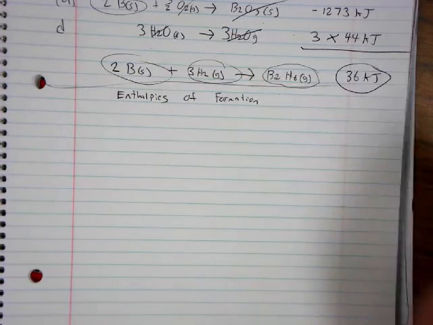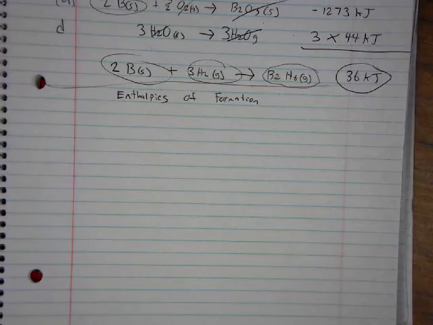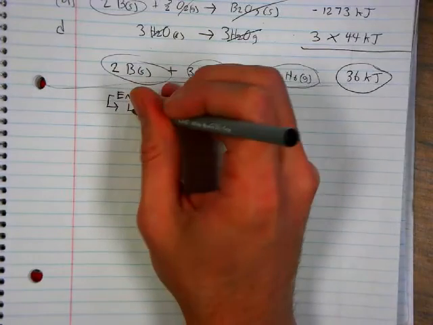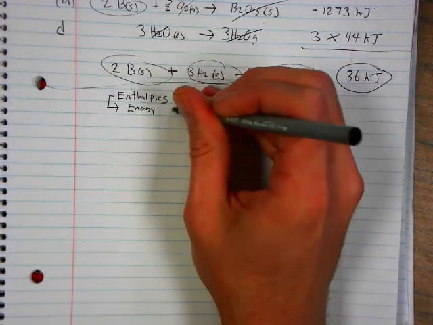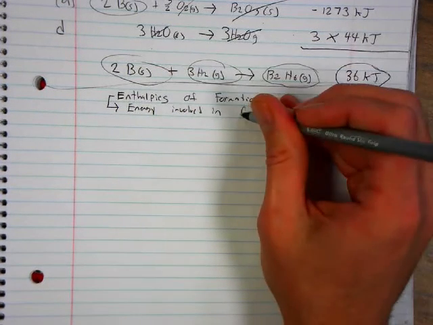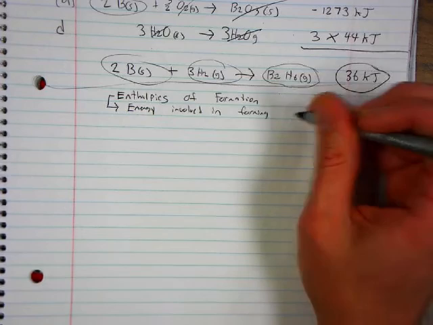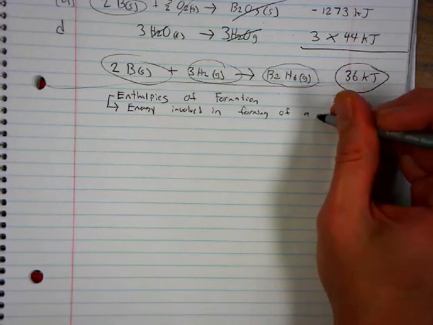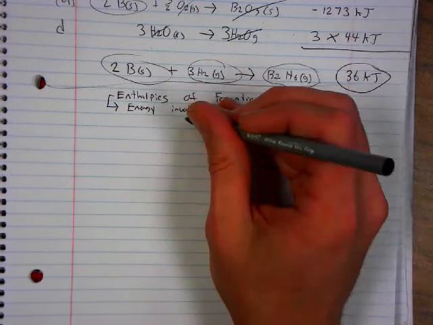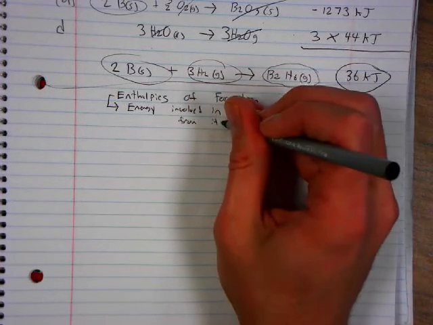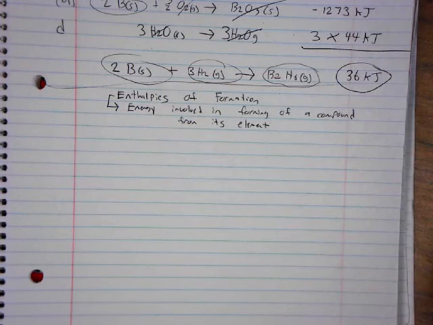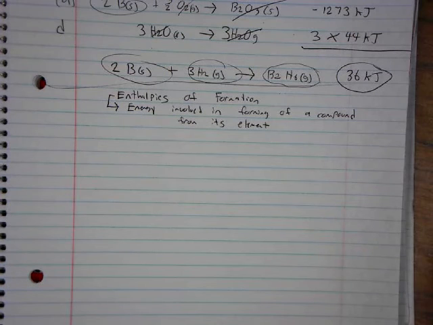Okay. Enthalpies of formation. Here's how much I got. I'll finish it, I think. Enthalpies of formation. This is defined as the energy involved in the forming, I know, mind-blowing, of a compound.